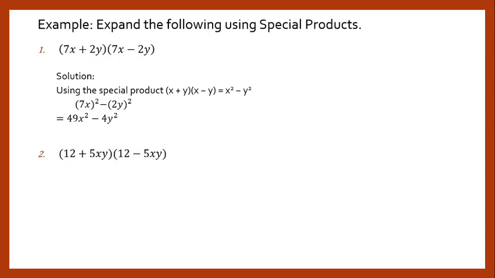Okay? So we have 12 plus 5xy multiplied by 12 minus 5xy. So same process, we have to square 12 and then copy the minus sign and then the whole 5xy squared. And then for your final answer, we have 144 minus 25x squared y squared.